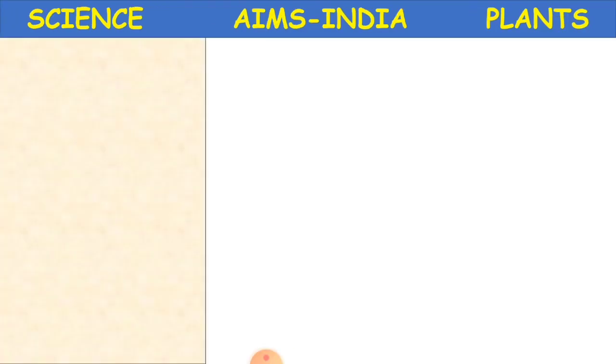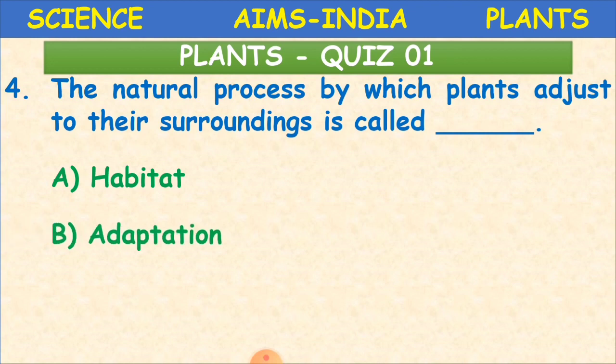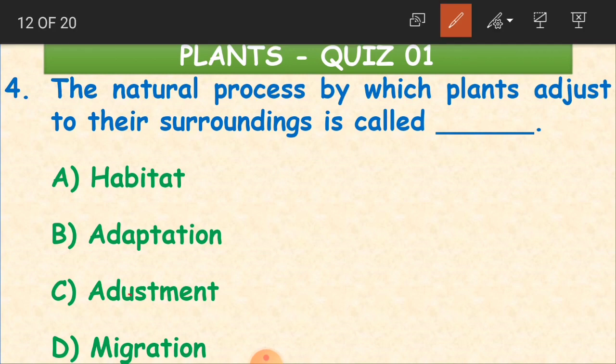Now, the fourth one. The natural process by which plants adjust to their surroundings is called. Option A is habitat, B is adaptation, C is adjustment, D is migration. Which option is correct, children?